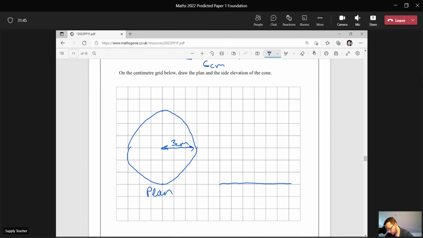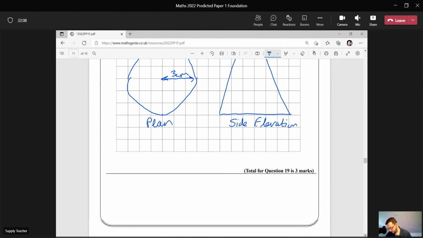It's going to be 1, 2, 3, 4, 5, 6, 7, 8. And then we want to just, with a ruler, of course, join it up like that. Okay, so that is the side elevation. Okay, so use rulers and compasses, not like I've done.